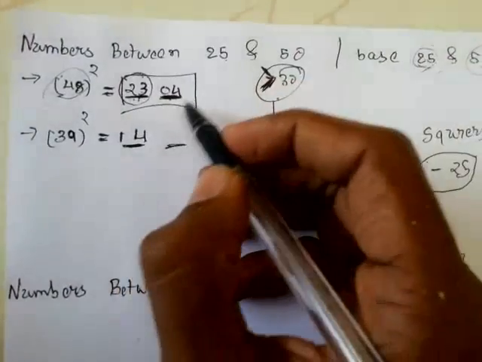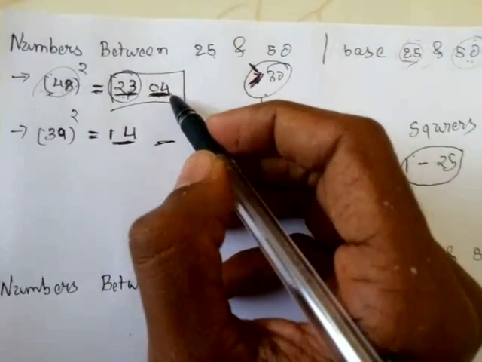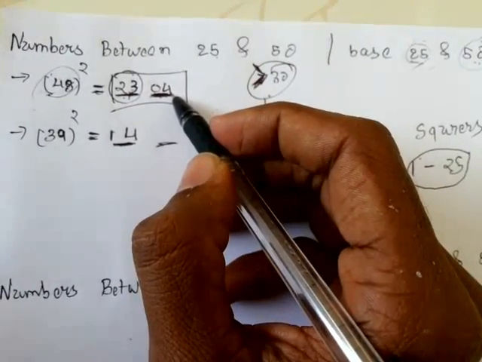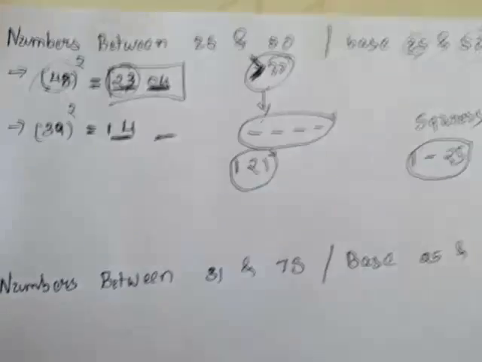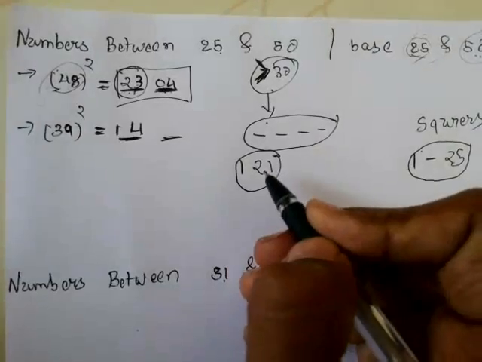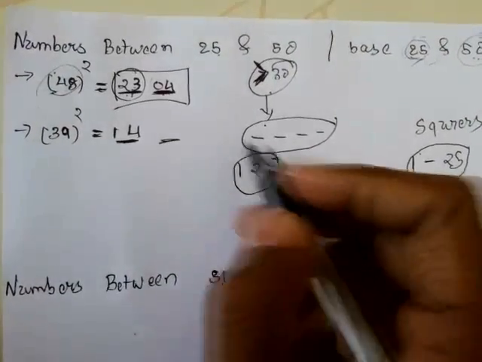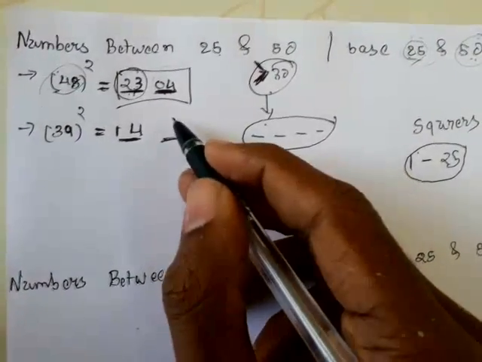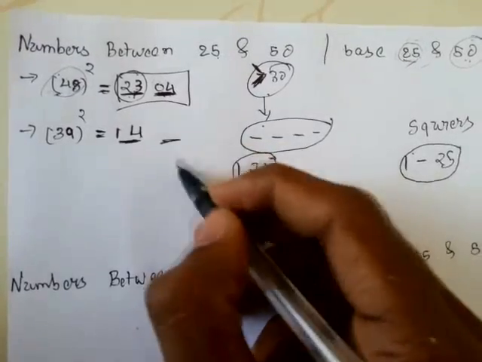In the previous example we found only a single digit in the second step, so we put 0 before it. But here in this case we found 3 digits in the second step, but we need to make sure it will always be 2 digits.